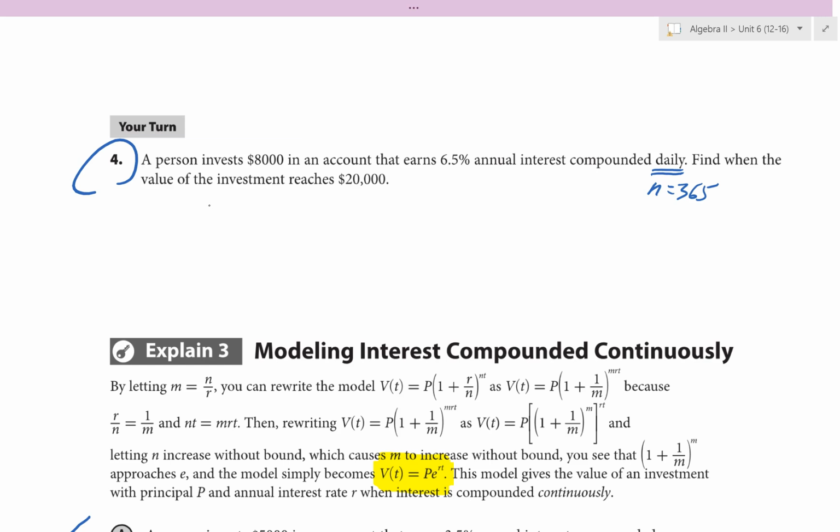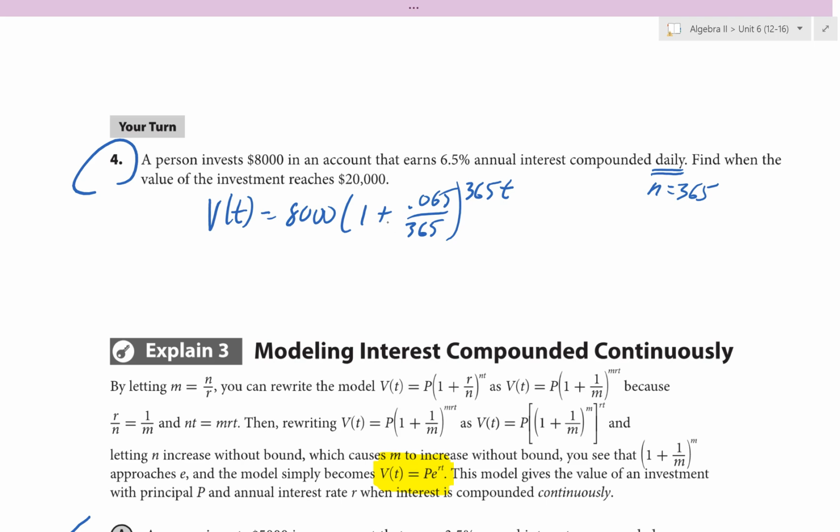Okay, so for this one, we have the value of our account is going to be 8,000 times 1 plus 0.065 over 365, raised to the 365t. Now here's where I was talking about not rounding the decimal.